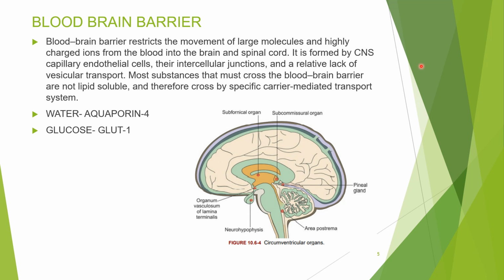So if any molecule is to cross the barrier, it should have a specific carrier. With the help of the specific carrier mediated transport, they will be carried inside the cell. For example, water is carried through aquaporin 4 and glucose is transported through GLUT1.